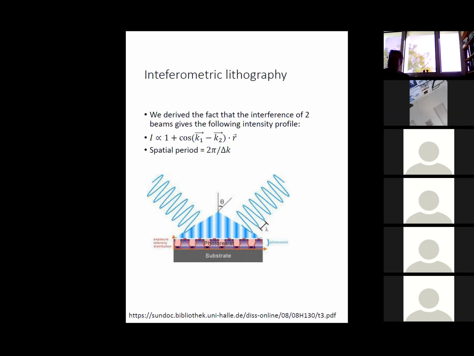But either way, you can produce a pattern where you've got places with photoresist and places without. And the spacing between these things is going to be hundreds of nanometers. And there's a lot of interesting optics that you can do if you have a structure where the spacing between high index and low index materials is a few hundred nanometers.